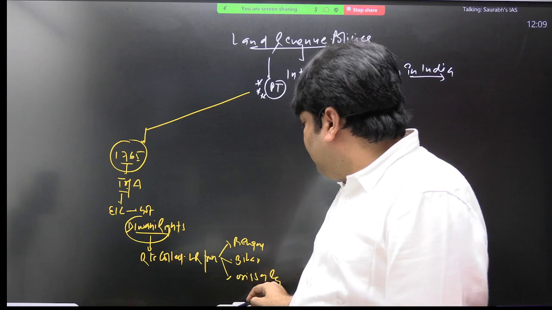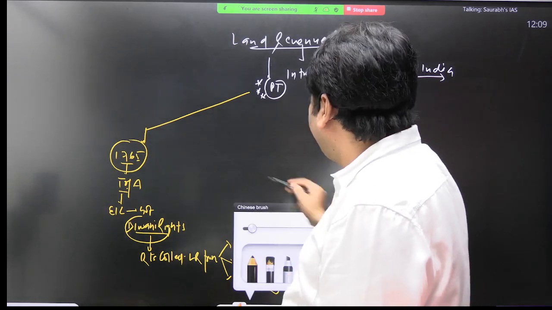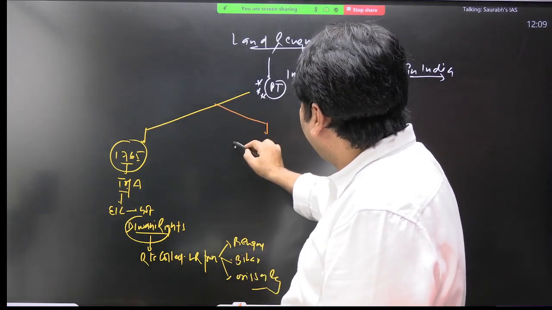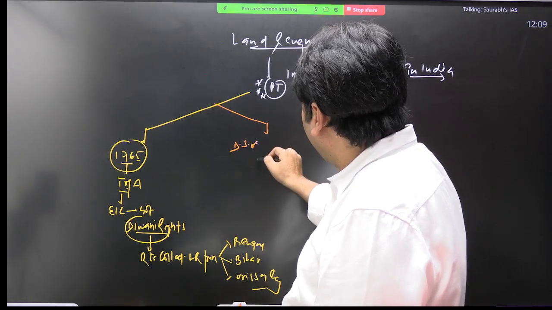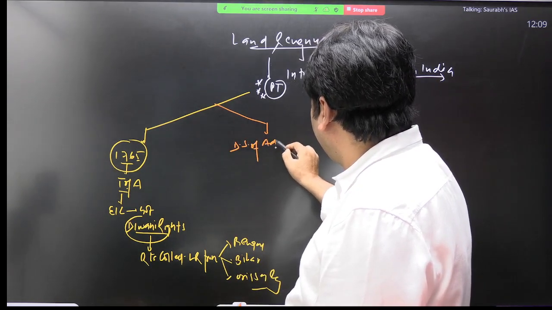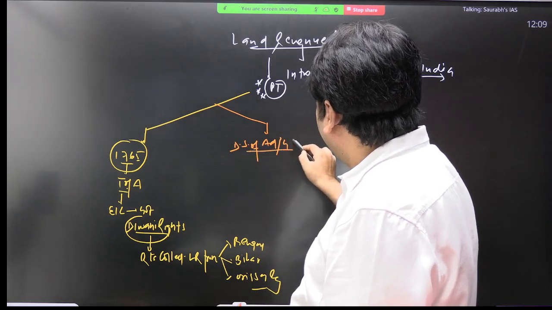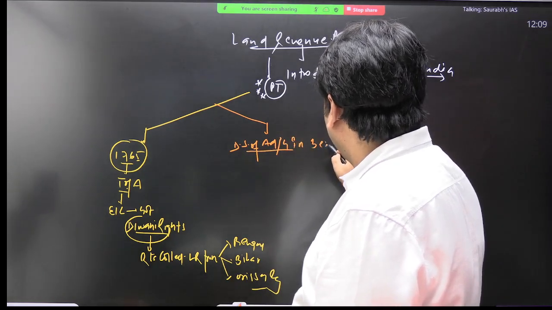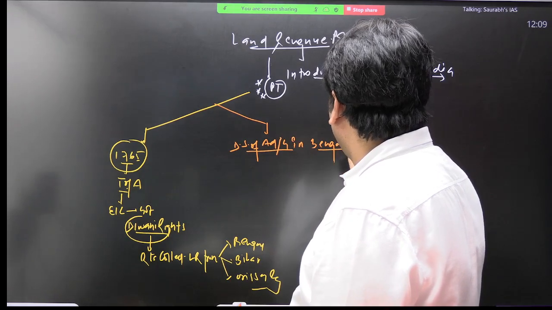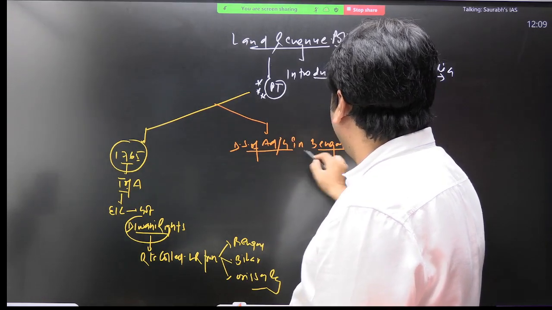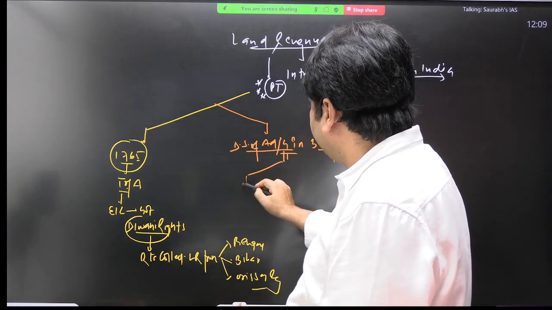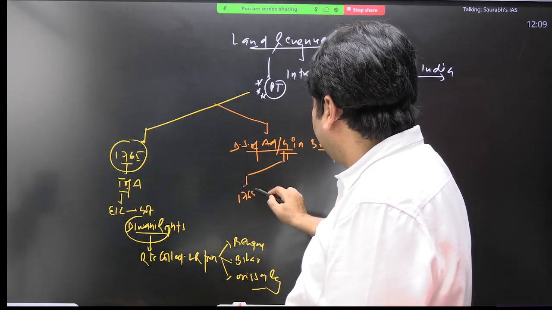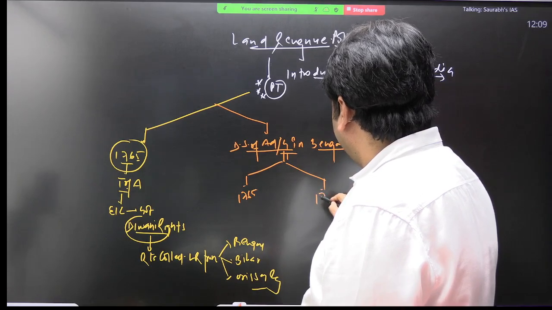Now, the second part is what? Read this: dual system of administration or governance in the Bengal region. And what is the time period? 1765 to 1772.